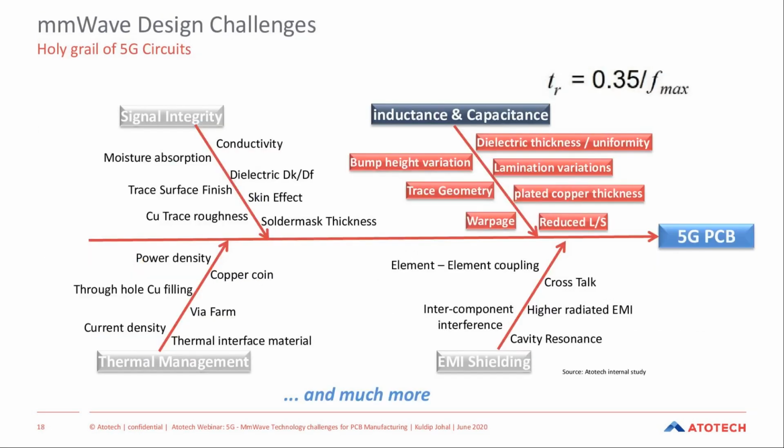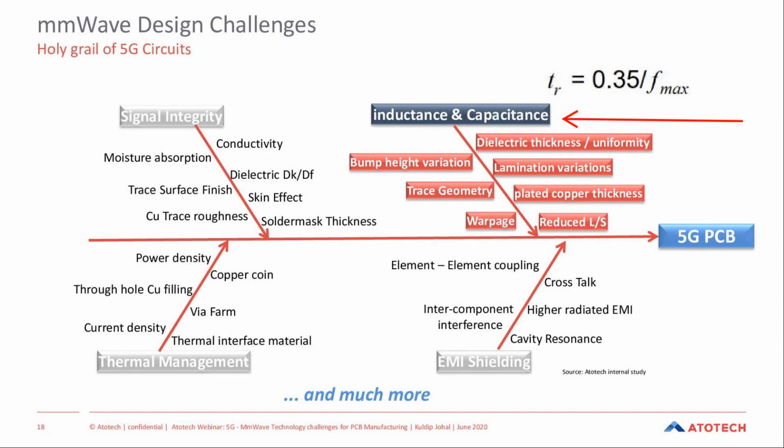So we now move on to the next key area of discussion. This is very important in RF and microwave circuits, as we can see. As frequency increases, energy is lost in the transmission line, which is more difficult and more costly to recover.